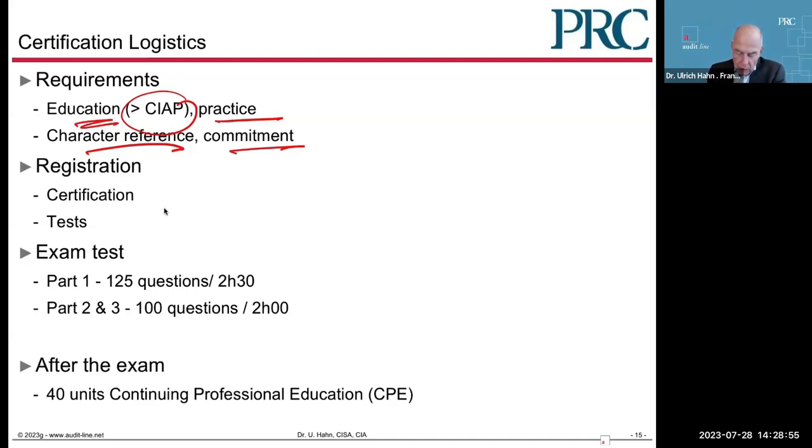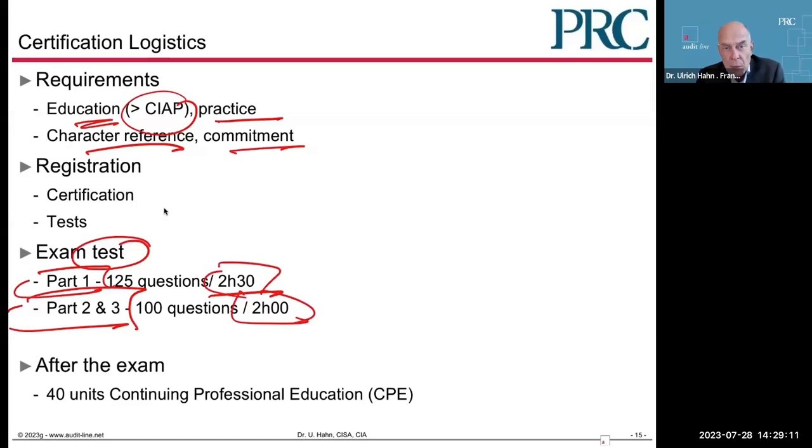Then what else? The test itself: part 1 is a little bit longer, so you have a little bit more time. Parts 2 and 3 are a little bit shorter, and you have a little bit less time. 125 questions in 2.5 hours could be quite a lot, depending on the length of the questions.